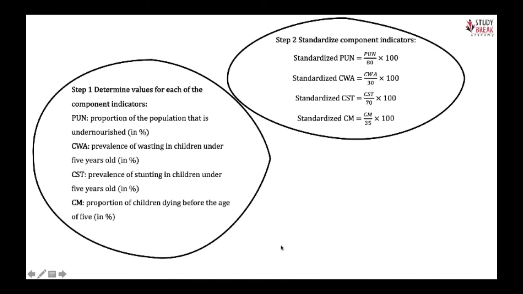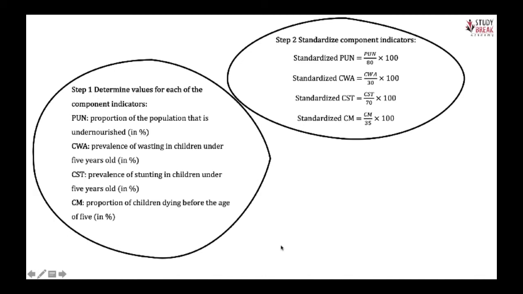Suppose for undernourishment, they calculate between the period of 1988 and 2013, they take the highest undernourishment percentage of that country during any particular year. Say this particular country A has faced the highest level of undernourishment in 1990.